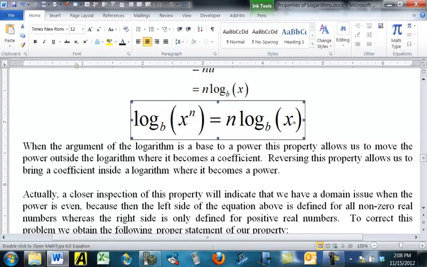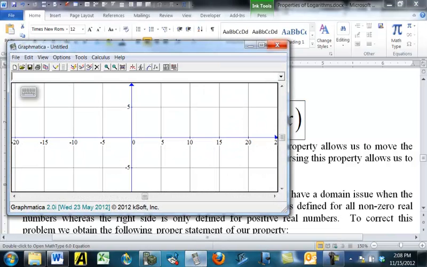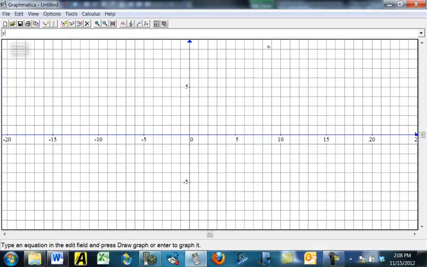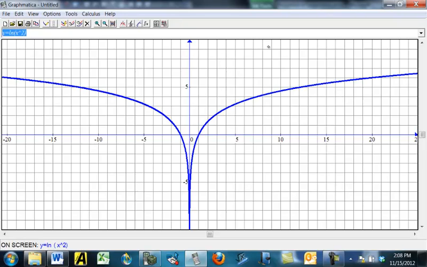We can fix that by making the right one just reflect over the axis by putting absolute value there. Okay, so for example, let me show you a picture here real quick. If you say y equals ln of, let's say x squared, notice you get both sides there.